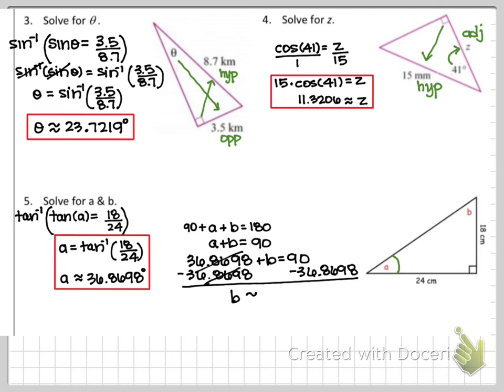And this is an approximation because we're using our approximate answer here. So if we type that in, it looks like we're going to get 53.1302 degrees. And that covers our notes.